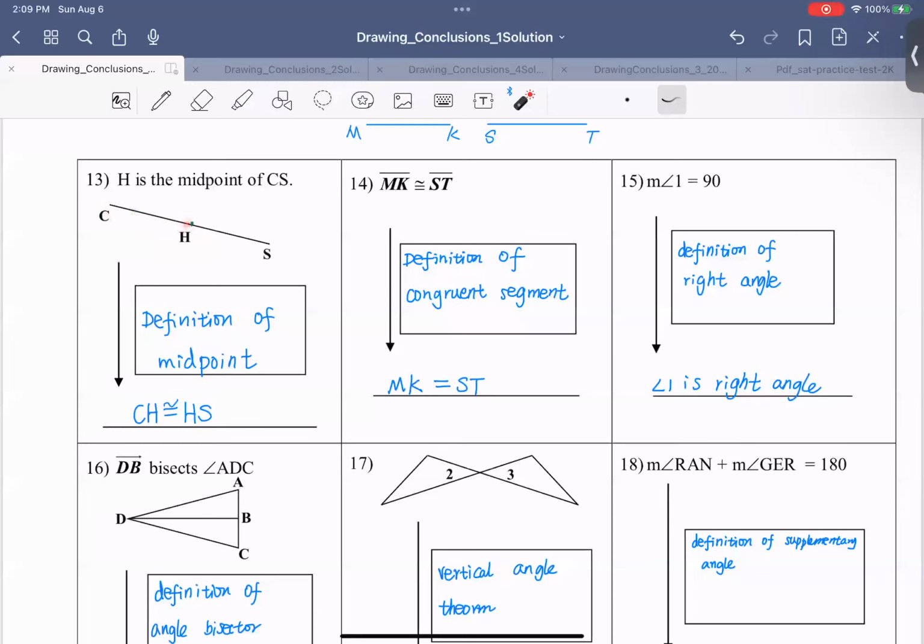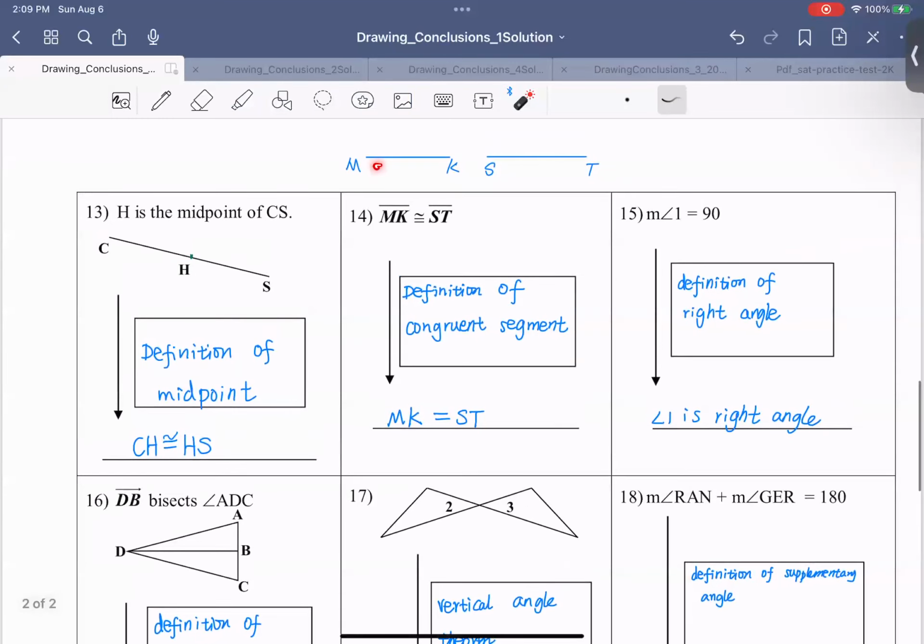So H is the midpoint of this line, so CH is congruent to HS, because of the definition of midpoint. We saw this before. If two line segments are congruent, then these two are equal.